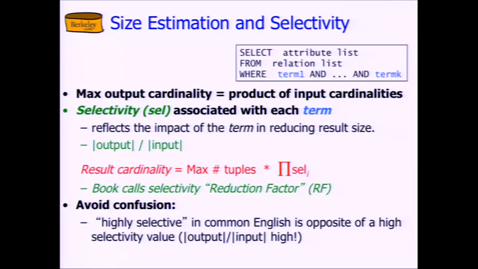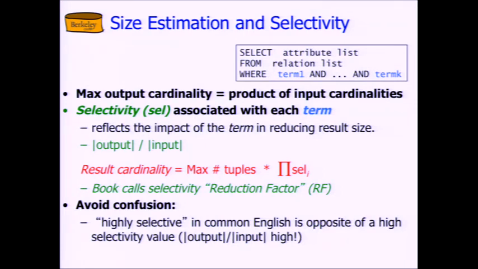The selectivity associated with each term reflects the impact of the term in reducing result size. It's the size of the output of that term over the size of the input of that term. So when we talk about selectivity, it's always size of output over size of input. How much smaller did things get? Size of output is always smaller, so this is always a number less than 1. It's actually a probability, the probability that a tuple will make it through that term. So it's a number between 0 and 1.